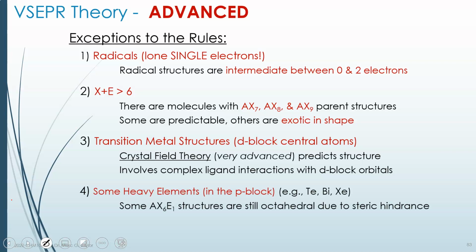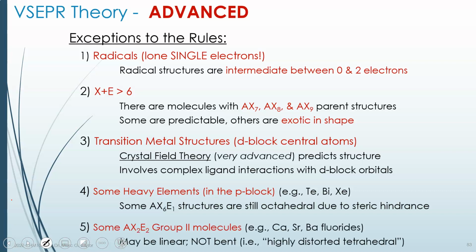And heavy metals, the really big ones, can form unusual shapes. Here's one with a domain of 7, AX6E1, 6 plus 1 is 7. In some of these cases, they'll still form that shape as if there were only 6, because there's just not enough room for the electrons to have their own space.